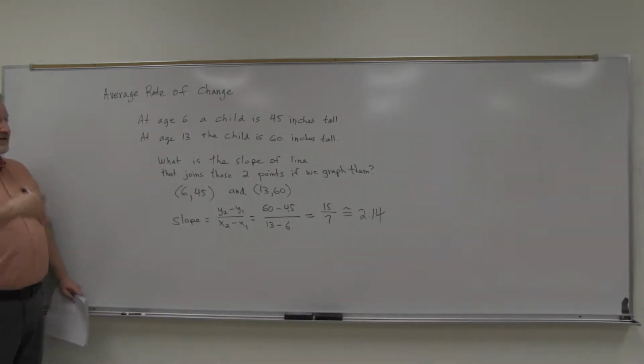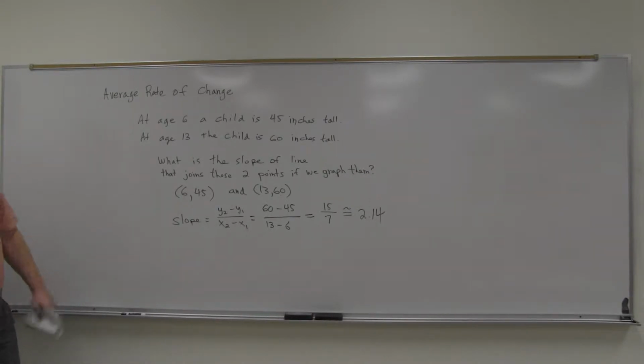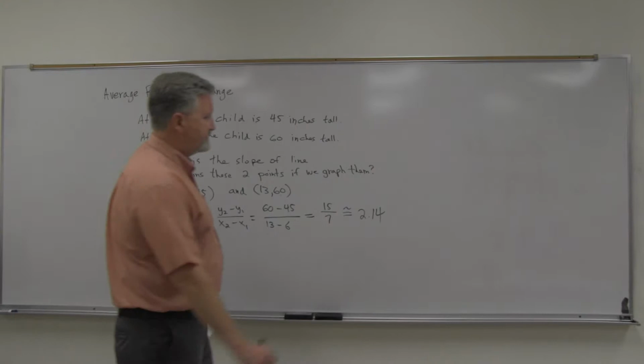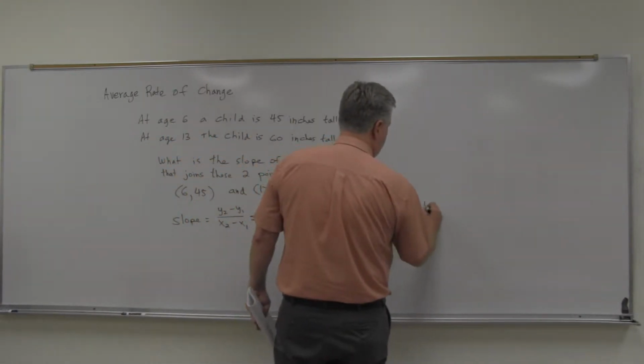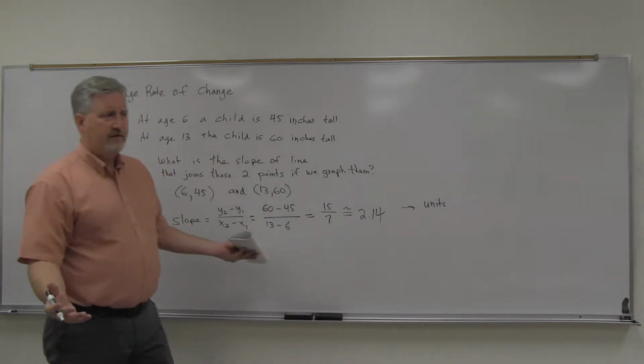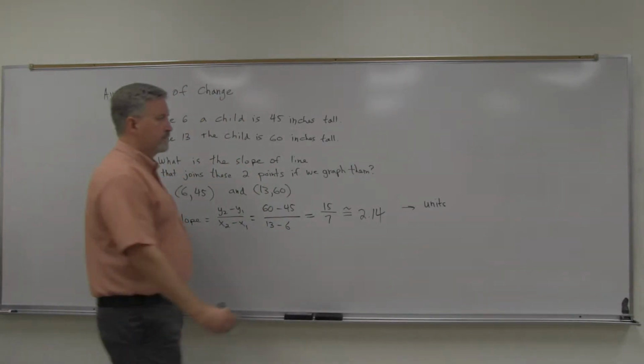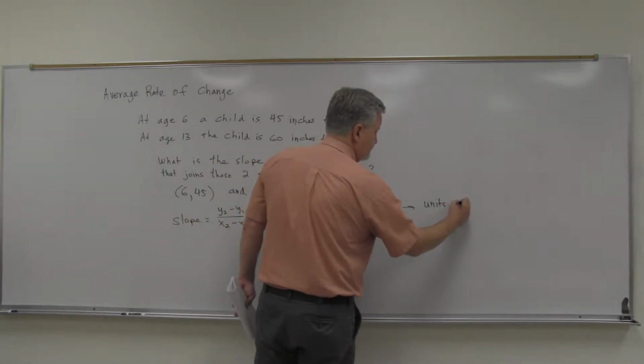Which we did last time. However, we want to apply this a little differently here. Think about it a little differently. So I've got my slope. We haven't talked about units of the slope here, but that is another thing we could talk about.